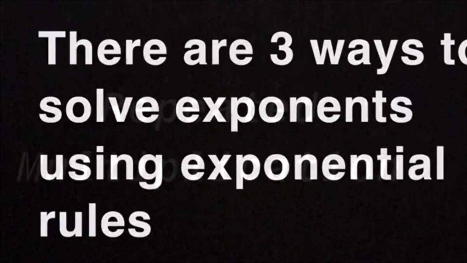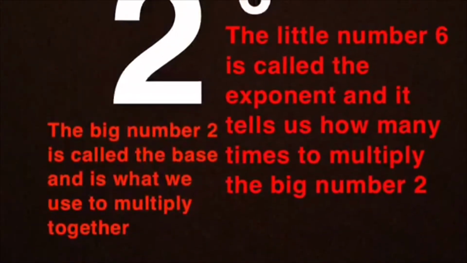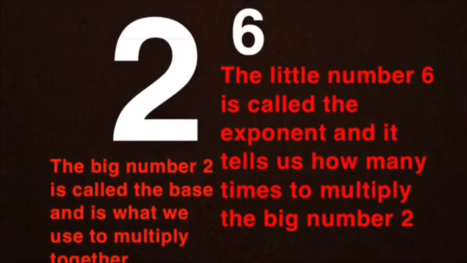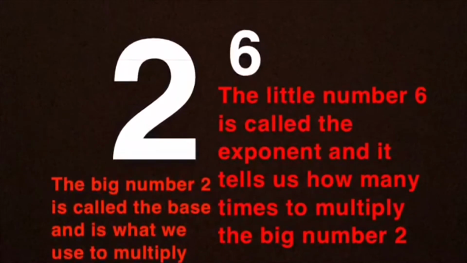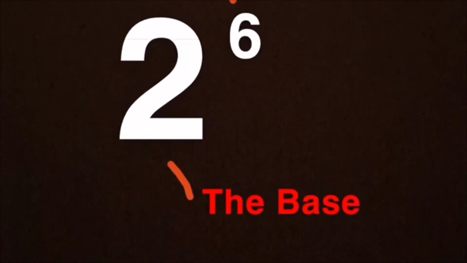Solve exponents using the quotient rule. But first, you must understand how repeated multiplication works, because one of the strategies involves repeated multiplication. So first, repeated multiplication is the exponent telling us how many times to multiply the base. So for example, 2 to the power of 6.